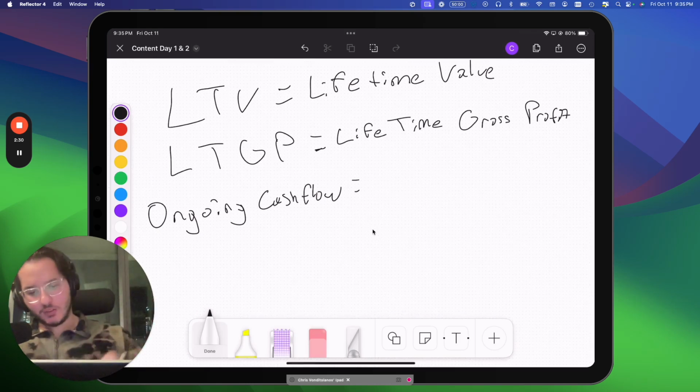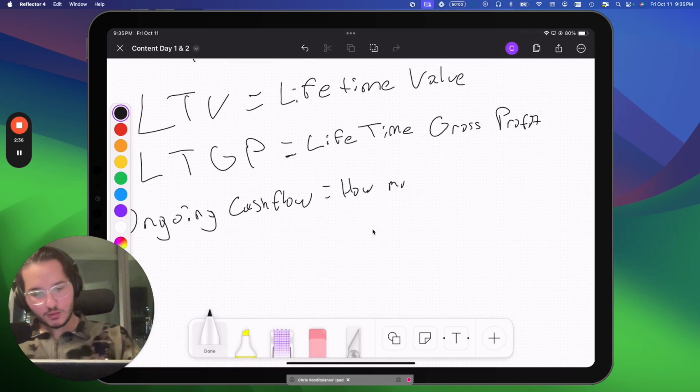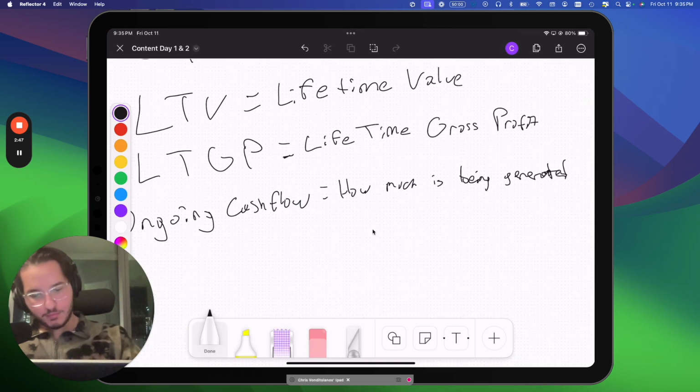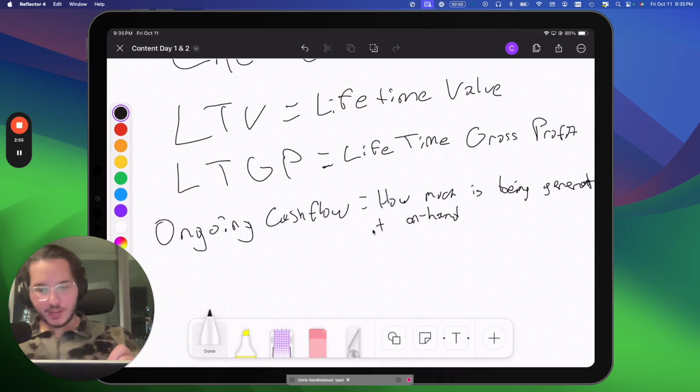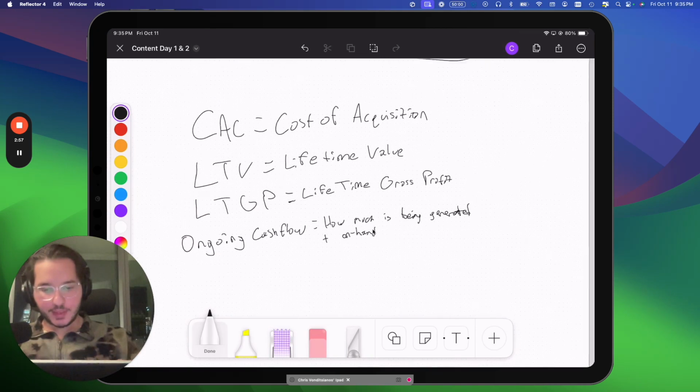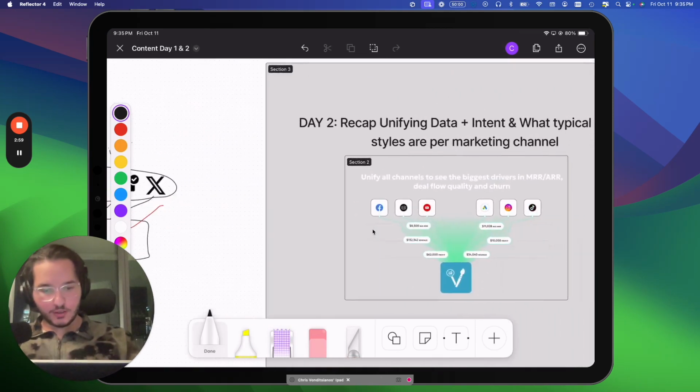And then ongoing cash flow equals how much is being generated plus how much is on hand. It's a loose definition.